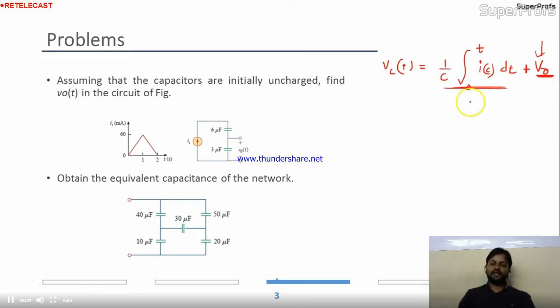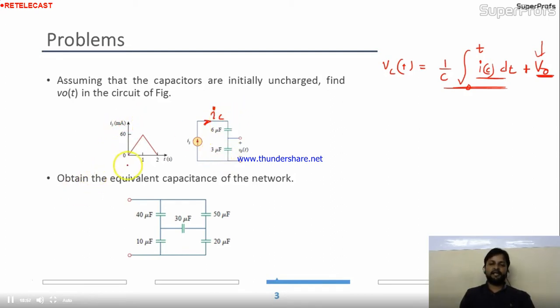Now, to get the value of VCT or V naught T, you need to take the value of ICT also. Where is the I given? The current across C. This I is flowing in this circuit. The same I is flowing in both of the capacitors. So this is IC, I can say.